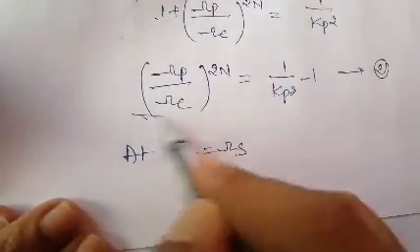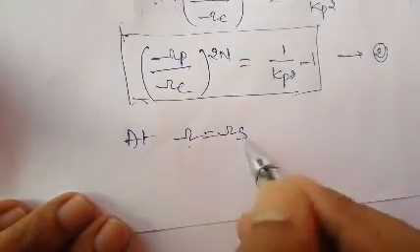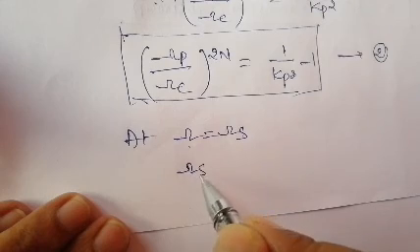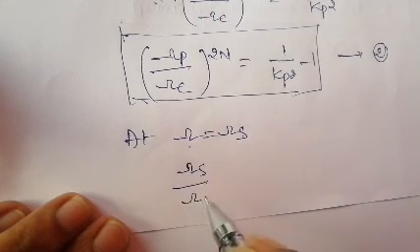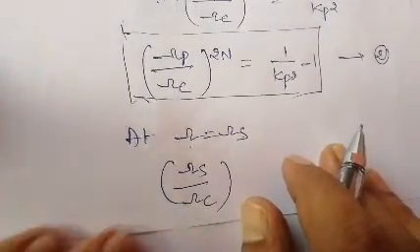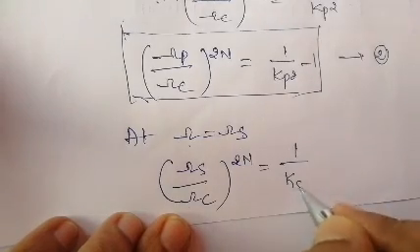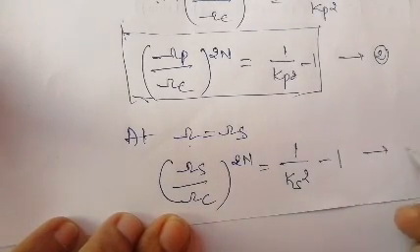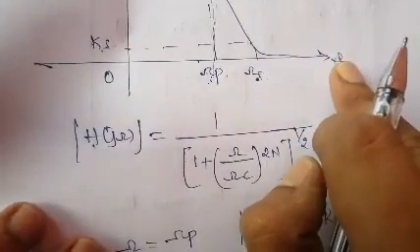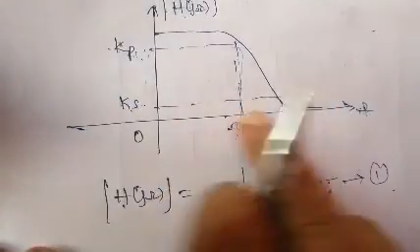Similarly, we can write, in place of omega p we get omega s: (omega s divided by omega c) whole to the power 2n is equal to 1 by Ks squared minus 1. Very simple. Once again, when the given frequency component is equal to the stop band edge frequency, the corresponding gain, the magnitude, becomes Ks. Same thing I substitute here.